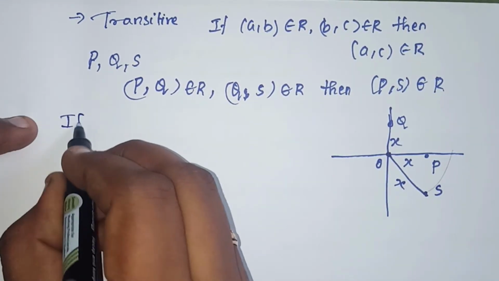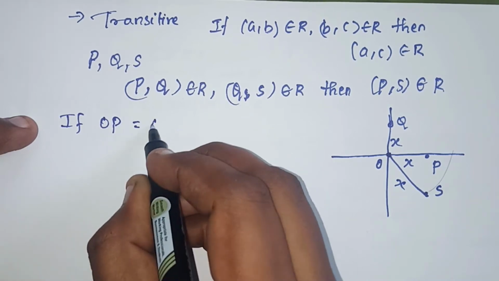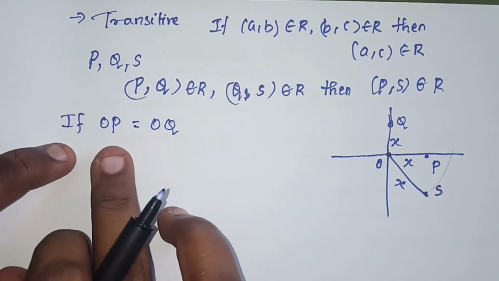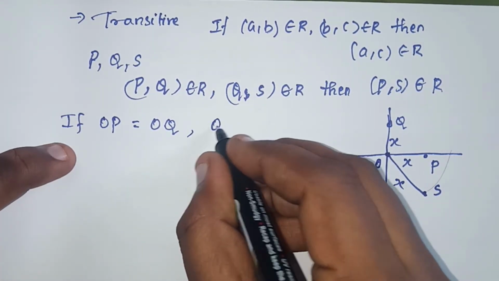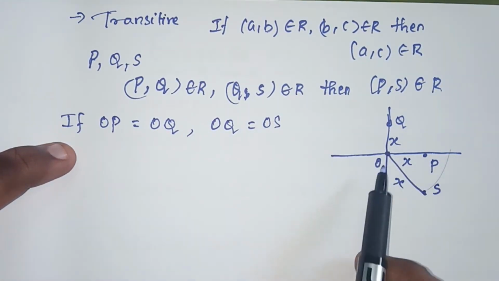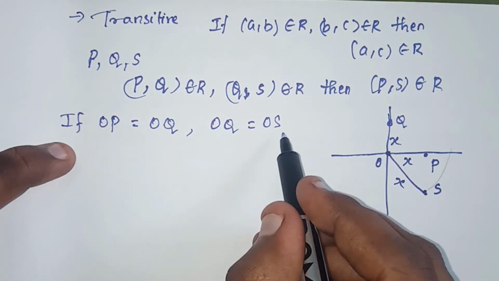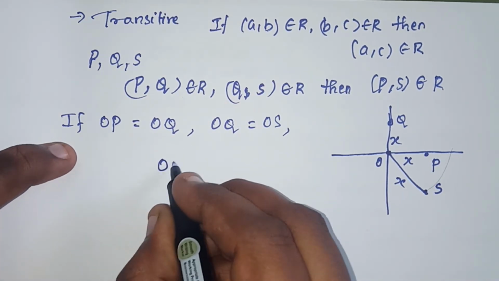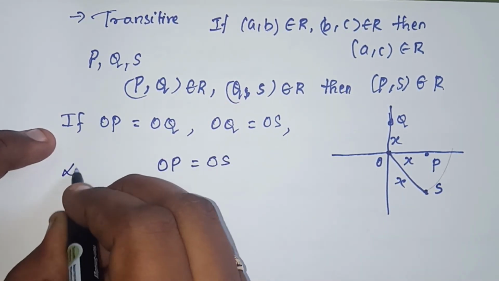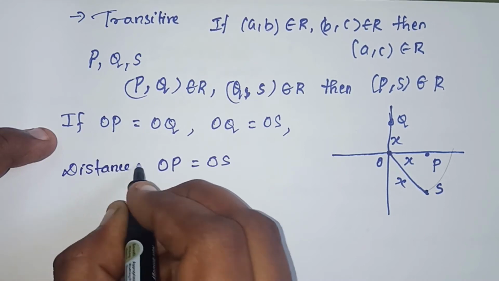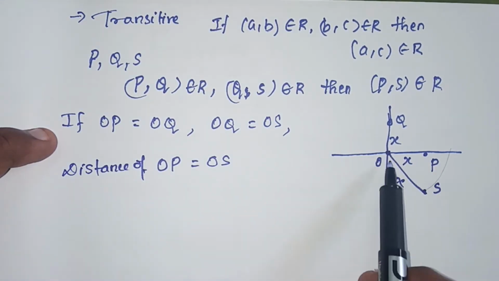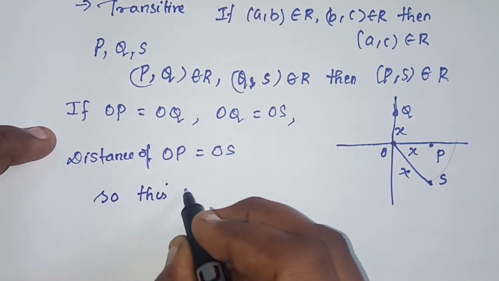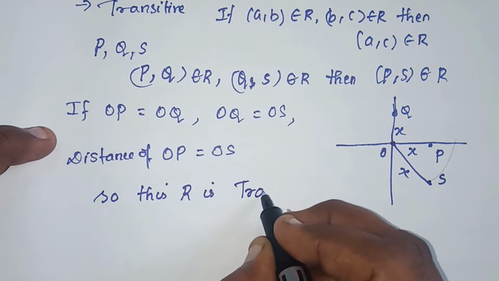If OP is equal to OQ, and OQ and OS have the same distance, it automatically implies that OP is equal to OS. So this relation is transitive.